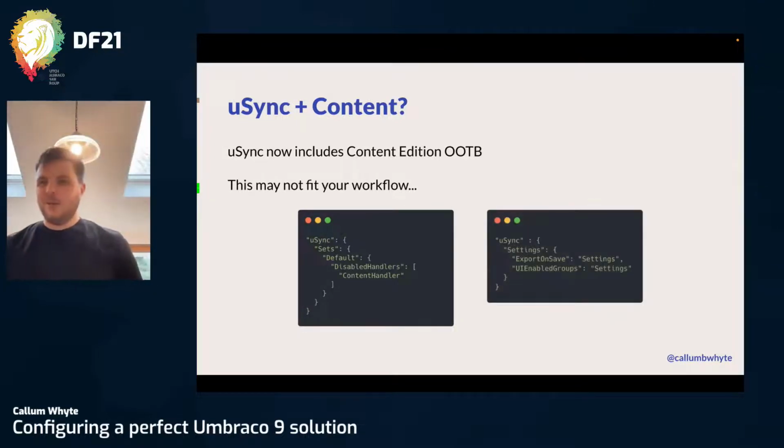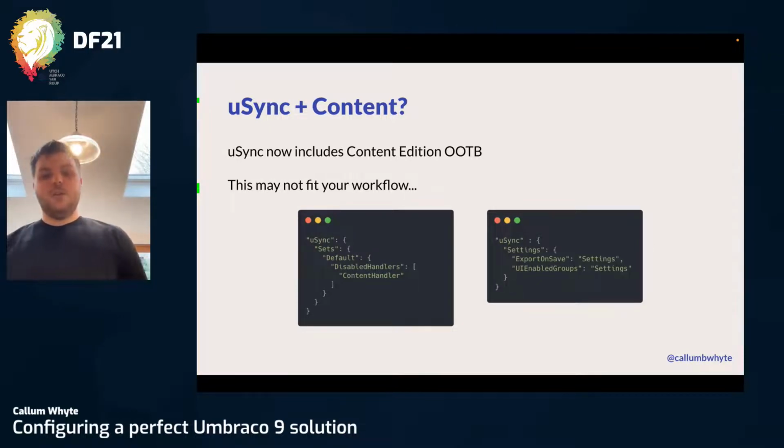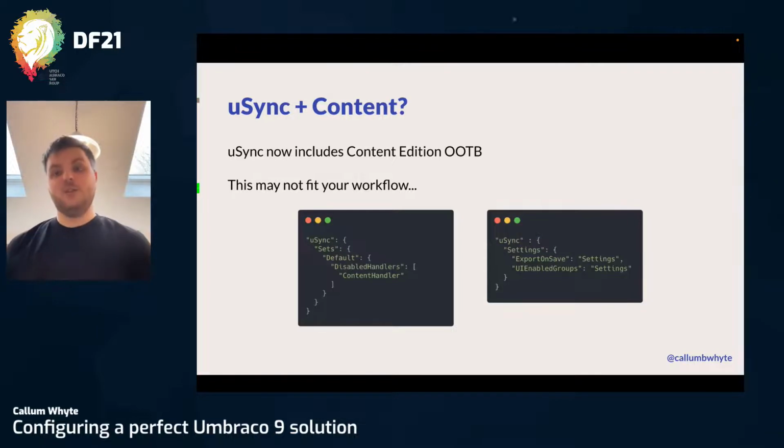There's some other options too. So if you maybe want to be a little bit more broad in the way you turn things on and off, uSync has a settings object that they ship as well, where you can add this bit of JSON to your configuration and say, these are the groups that I want to enable or disable. So in this case, we've said only export the settings group, and that means content types, data types, member types, etc. And then the UI enabled groups, those are the only ones that are visible in the UI too.